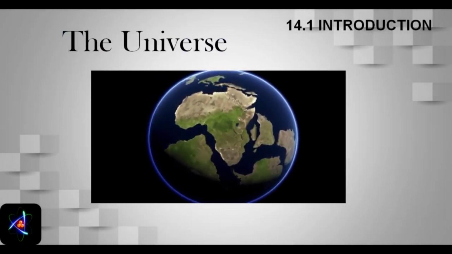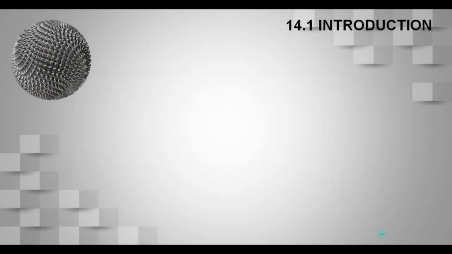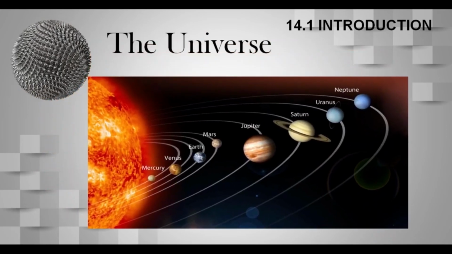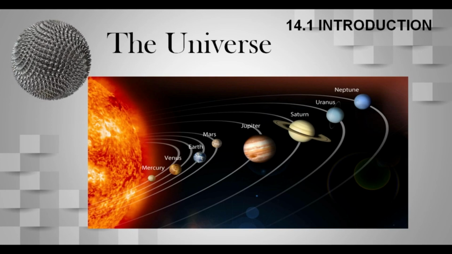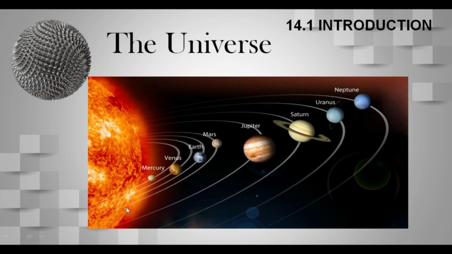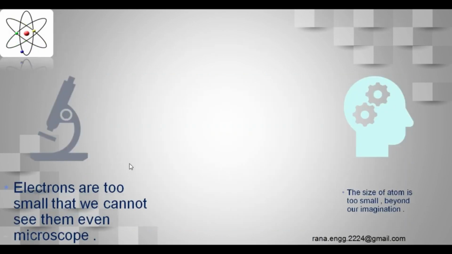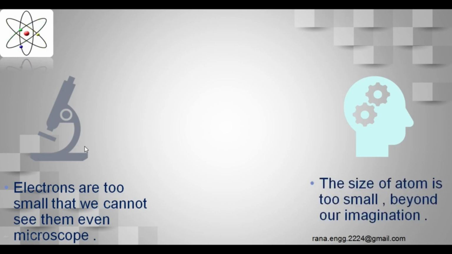Everything around us, the universe and the planets, is made up of atoms, and electrons rotate around the nucleus of the atom. It resembles the solar system of our planet. Here we can see the sun is at the center like the nucleus, and all the planets rotate around it.